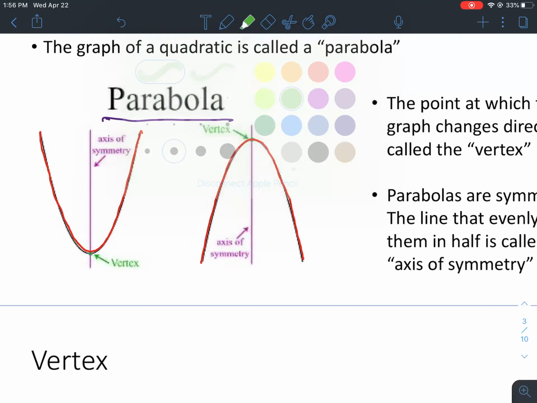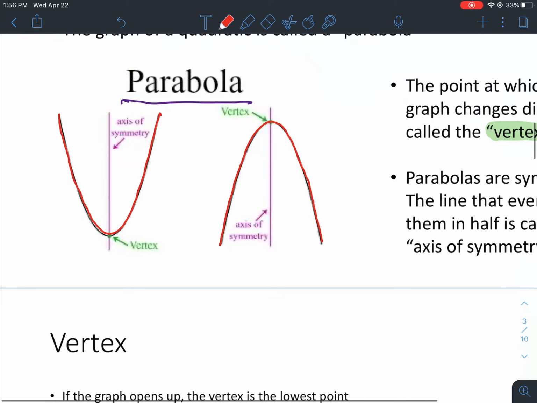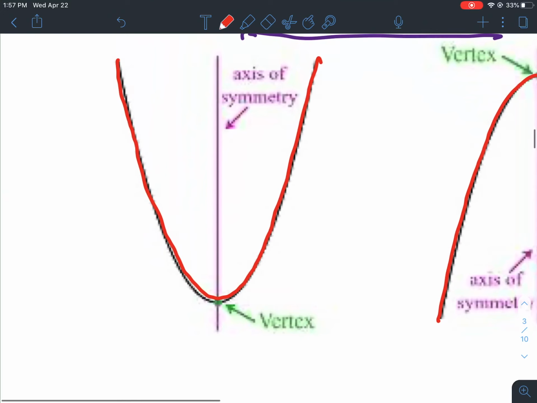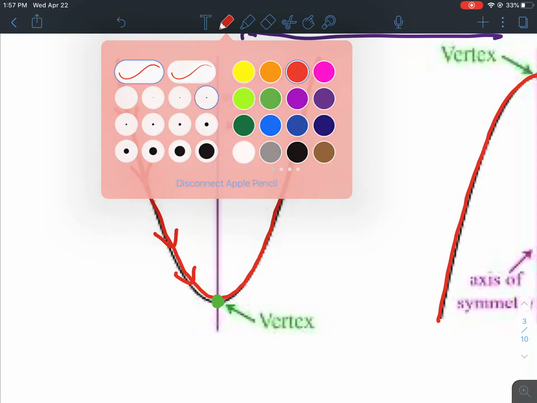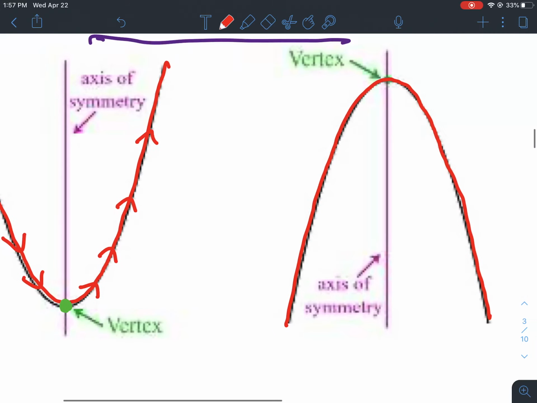Now, you'll see this word vertex in the picture. The vertex is the point at which the graph changes direction. So we can see in this first one, the graph started by going downward, and then it hits this vertex right here at the bottom, and then everything after that vertex, it's now going upward. So the vertex is where the graph changed direction.